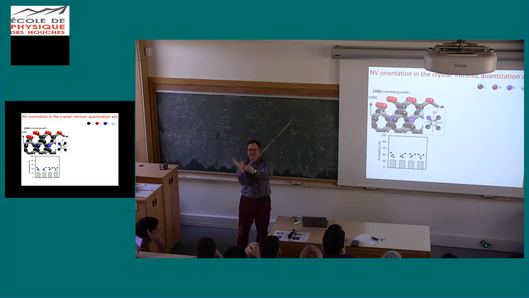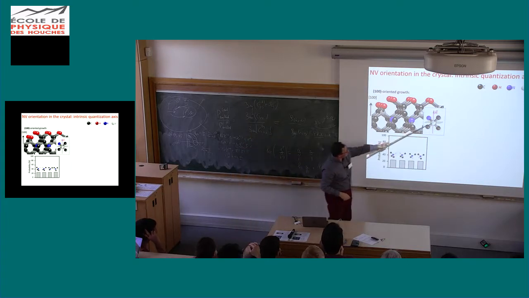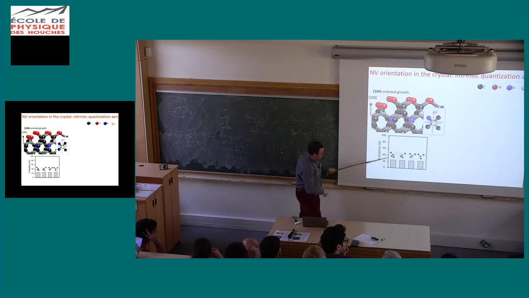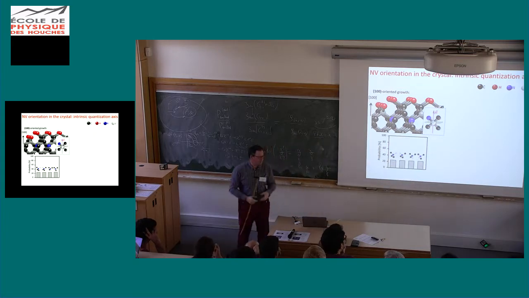Actually, it will be oriented like that, not exactly in the axis of the growth of the diamond. And so this means that if I consider the sample oriented like that, I have these 4 equivalent orientations that the NV centers can occupy.